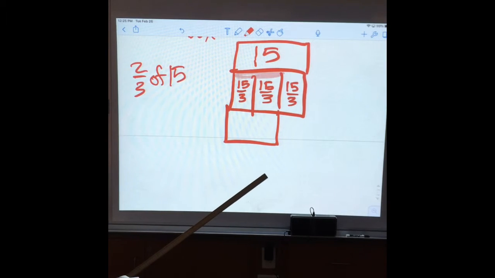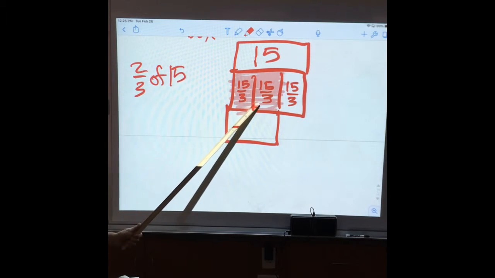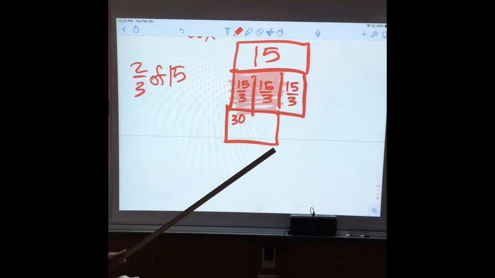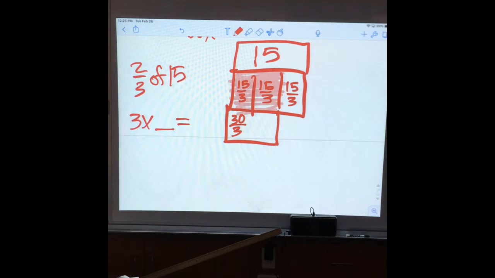So we're asking, what is this amount right here? That's why I have this box here. We're going to add these together, right? So if I have 30 threes, 3 times what is going to be 30, or I could do it with 30 on the inside, 3 on the outside.